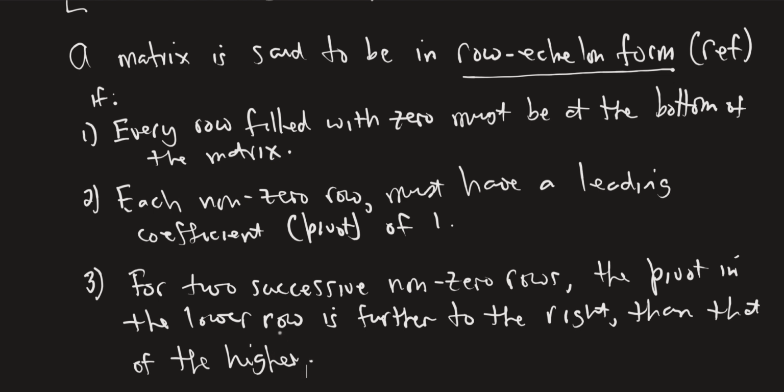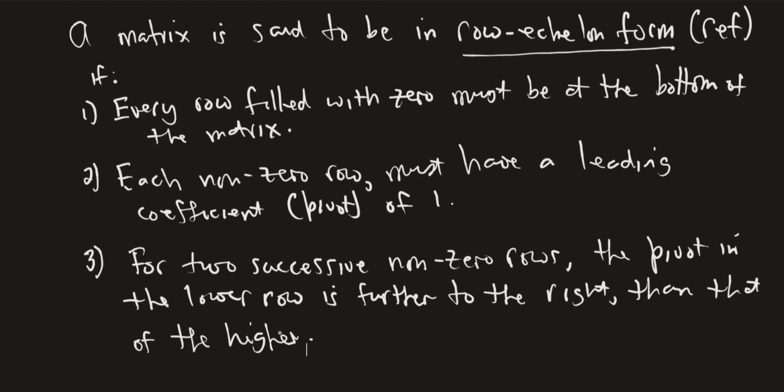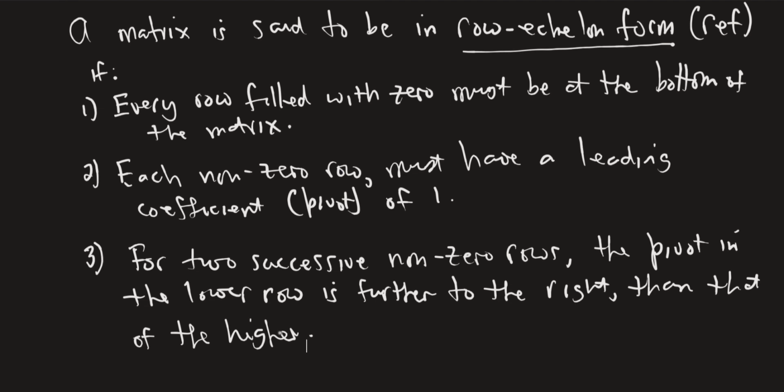So that basically says our pivots, if we start out in the left, have to start out high, and as we move from one column to the next, those pivots have to go down. So the lower the pivot, the further to the right it is.